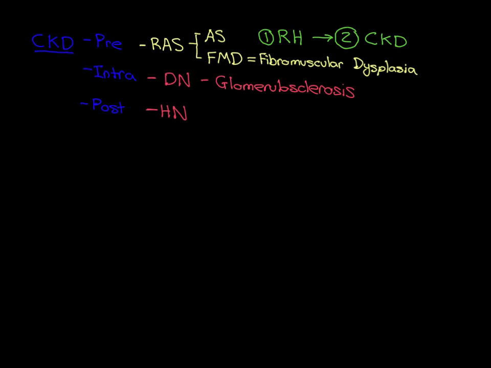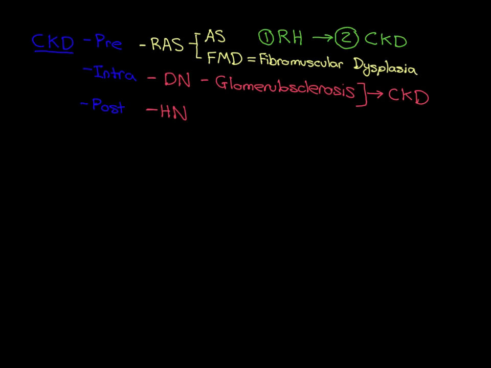So this is what can happen in diabetes, and that's why it's so important to control blood glucose level in people with diabetes. Now, unlike hypertensive nephropathy, diabetic nephropathy doesn't really give rise to this period of renal hypoperfusion. It just gradually causes CKD. And this is why we are so fussed about controlling the blood glucose level of people with diabetes, because of the effect that it can have on the kidneys.